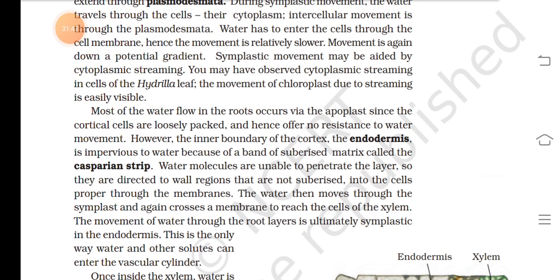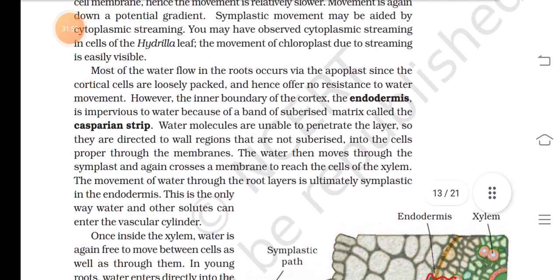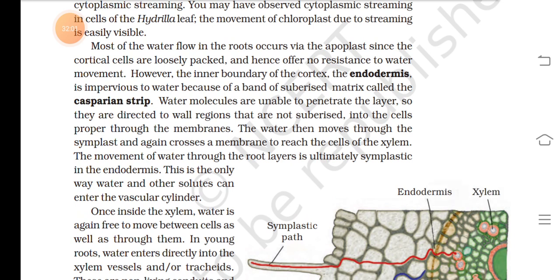Movement is again down a potential gradient. Symplastic movement may be aided by cytoplasmic streaming. You may have observed cytoplasmic streaming in cells of the hydrilla leaf. The movement of chloroplasts due to streaming is easily visible. Most of the water flow in the roots occurs via apoplast since the cortical cells are loosely packed, hence offer no resistance to water movement.